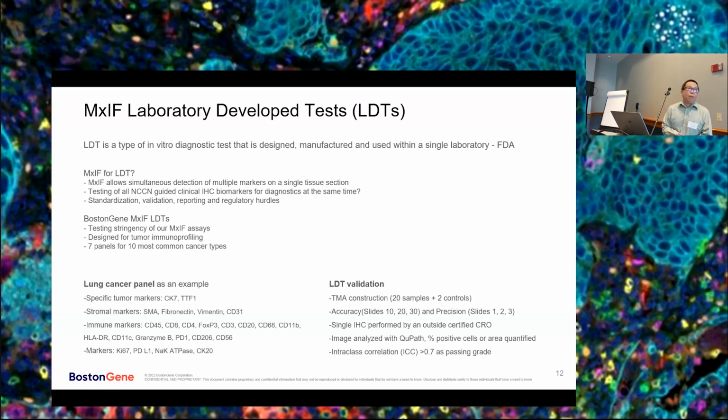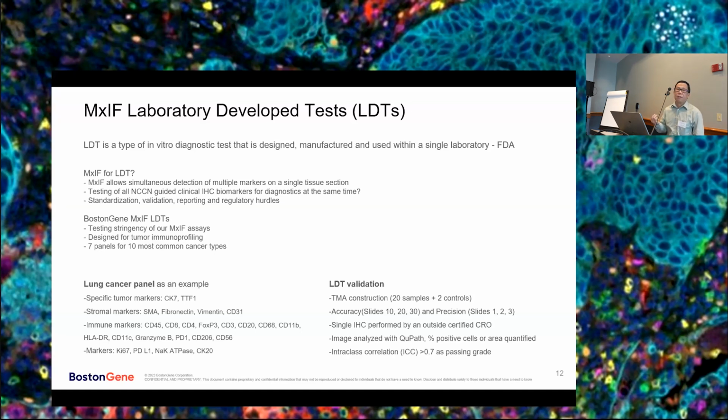So anyway, maybe a little bit ahead of time, we set out to do our own MxiF LDT. This is also one way to test our MxiF assays. And also, we want to be the first one to get all this detailed information to the physician, to the clinics. So we designed panels for tumor immunoprofiling. Here, I just use one example.